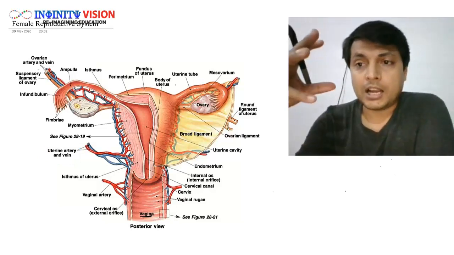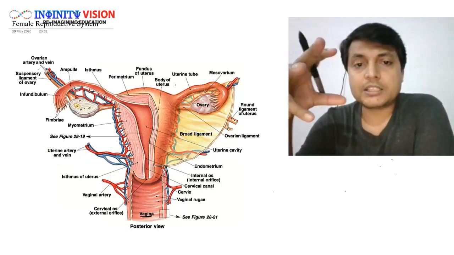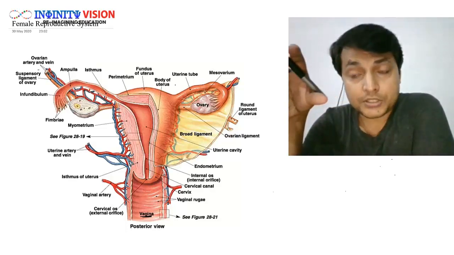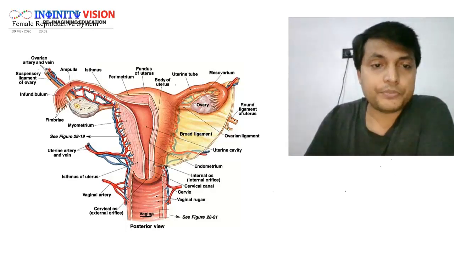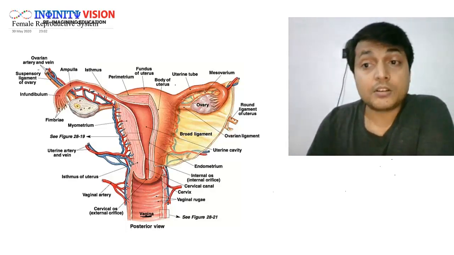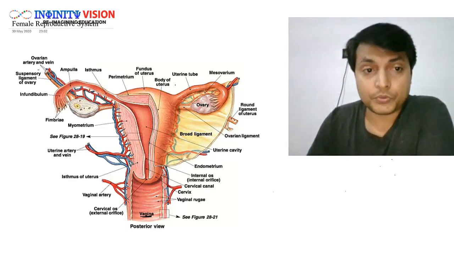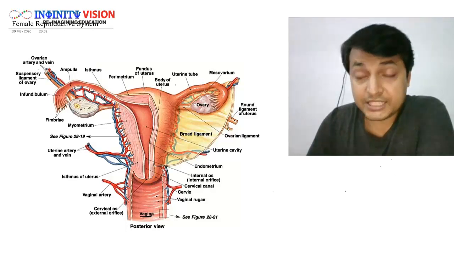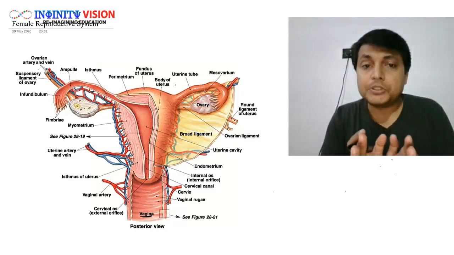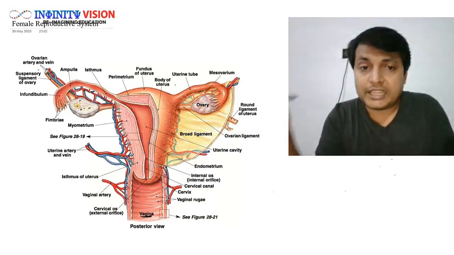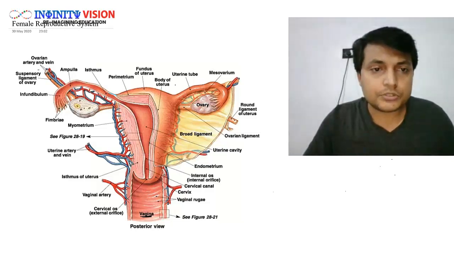So after the uterus, let us see the fallopian tube or oviduct. When we see the oviduct, again these are one pair, one on either side of the uterus, and they emerge from the top corner of the uterus, one on either side. Can you see here?